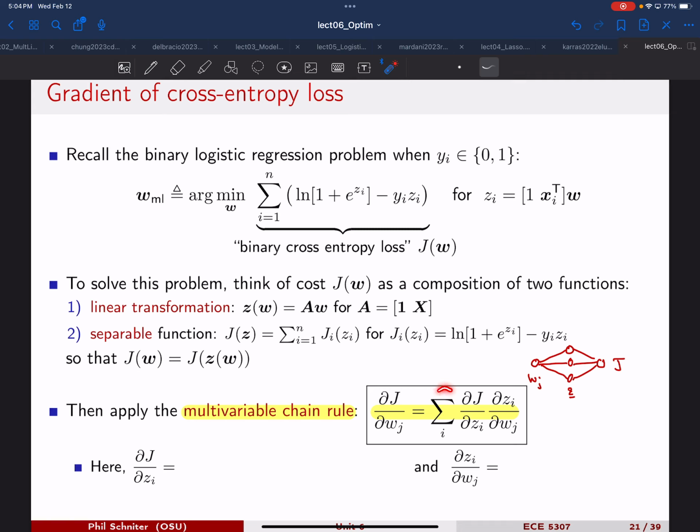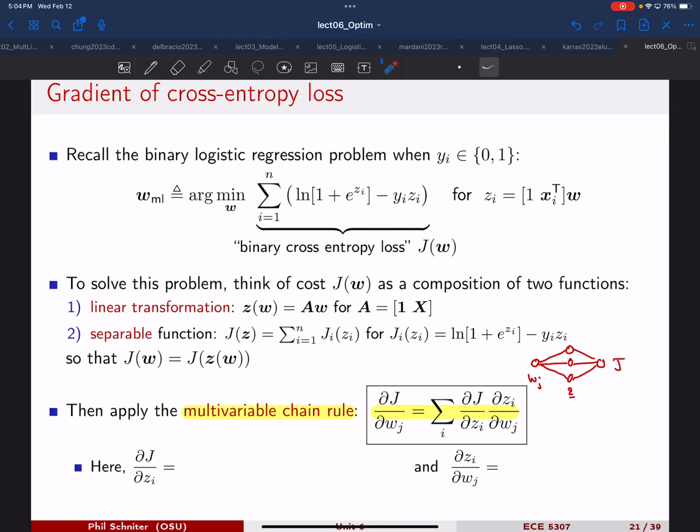So each one of the terms in the sum is sort of one of the ways that information flows from Wj to this big J. And for each one of these, this is just the standard chain rule that we're used to using. And this just says, do that standard chain rule, but with all the different ways that information can flow from Wj to big J. So just a little bit of intuition as to the form of this.